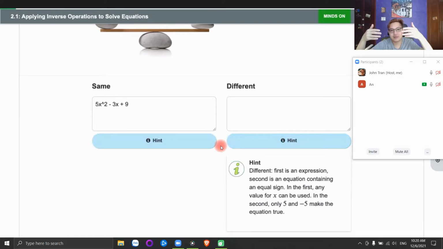You will arrive at two values of x, which are 5 and minus 5, to make the equation true. But for the left one, you can just choose any x, so it's not limited to only two solutions. You understand what I mean?